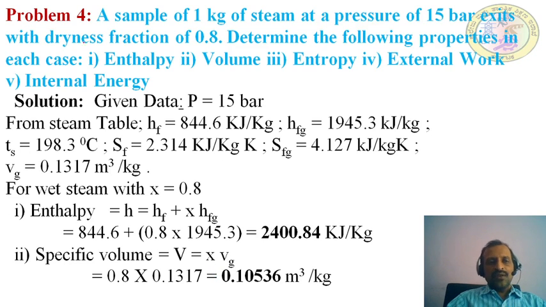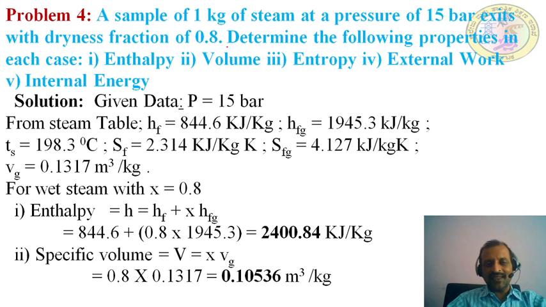So coming to the fourth problem. Read it again. A sample of 1 kg of steam at a pressure of 15 bar exists with a dryness fraction of 0.8. Again 0.8 he has given. Once again the dryness fraction comes, so again it is wet steam.